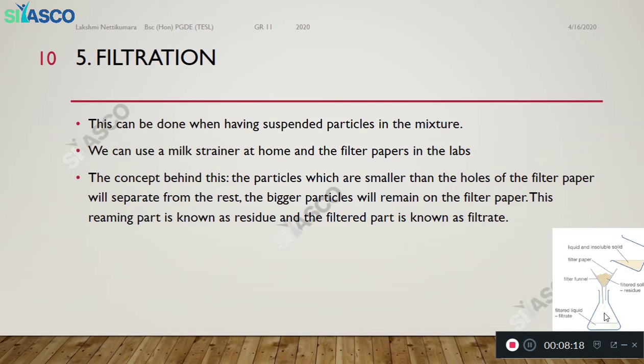Then later on we will be able to observe that some sticky substance remains on the filter paper and the solvent or the solution goes through the filter paper. The remaining portion here is called the residue. The filtered liquid is called the filtrate. So thereby we can separate these solid constituents from the solvent.